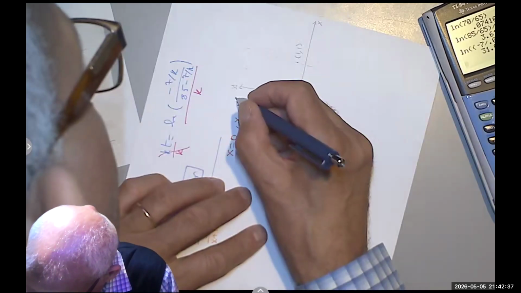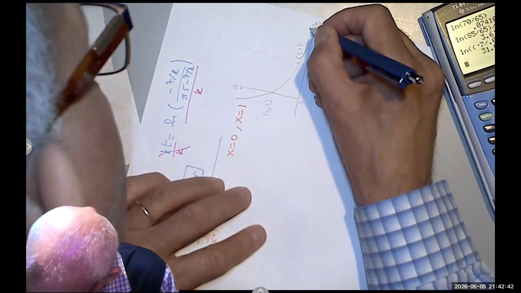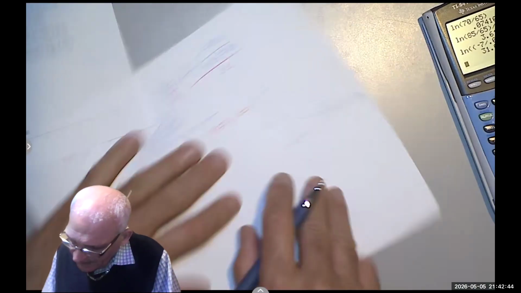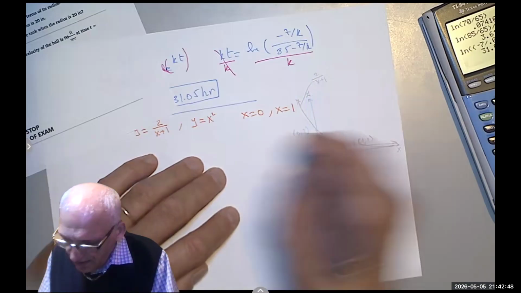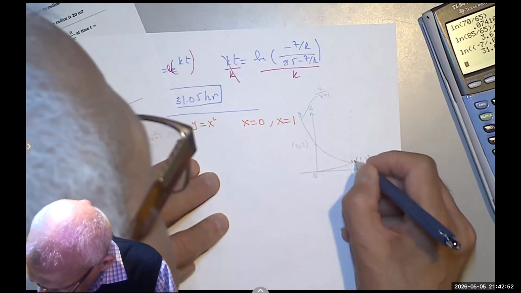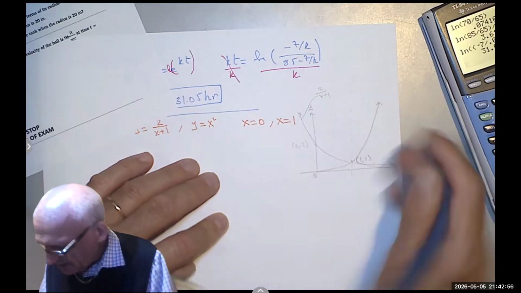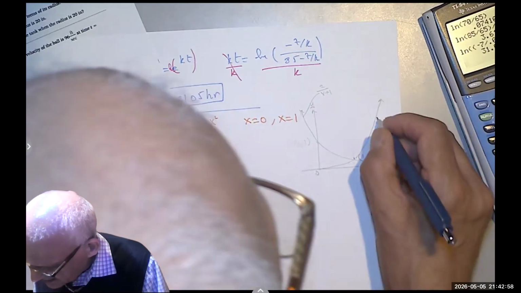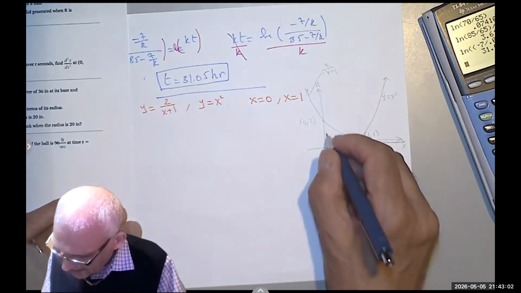This thing looks something like that. This is 2 over x plus 1. Y equals x squared. We know that it's a parabola going like that, I don't need the left-hand side, and this is y equals x squared. And this region is R.